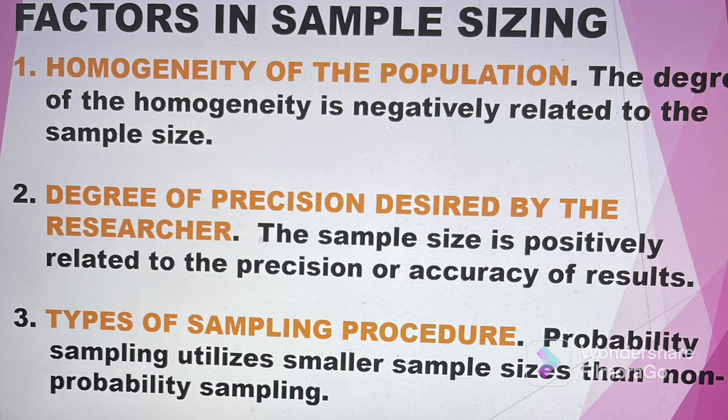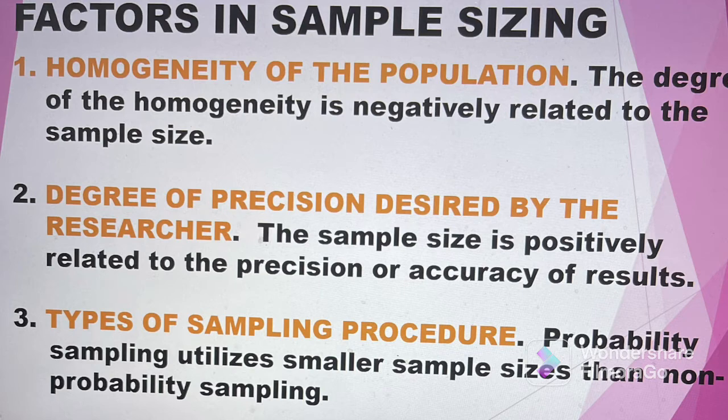Meaning, the bigger the number of the sample, the bigger the statistic of the sample, the higher the percentage of precision or accuracy of results. The more, the better in terms of accuracy of results.